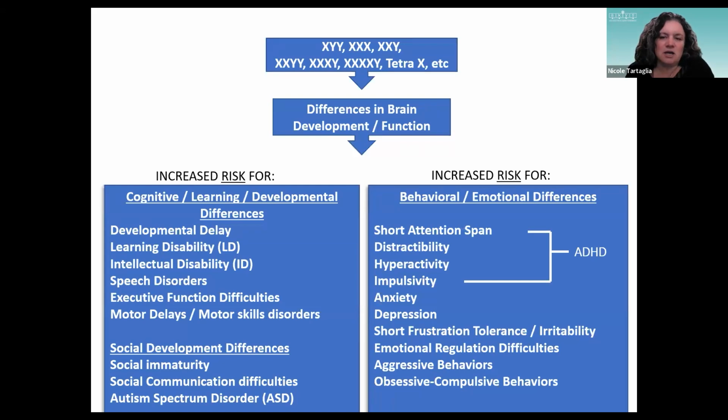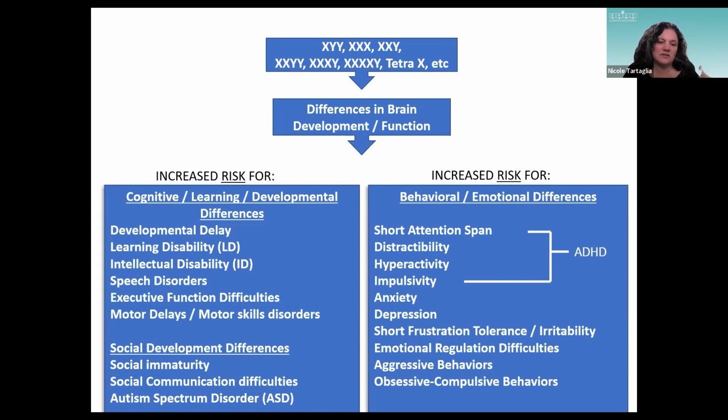Okay, so the way that I usually conceptualize a lot of this is that we know that there's a lot of risks for different developmental, cognitive, behavioral challenges in the X and Y variations. The X and Y variation itself is at the top. Those differences in the genes lead to differences in brain development and function, and again, at different levels for different people.